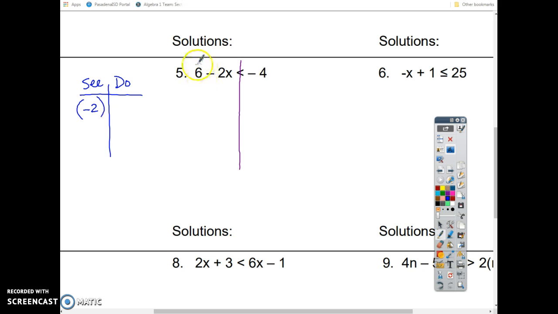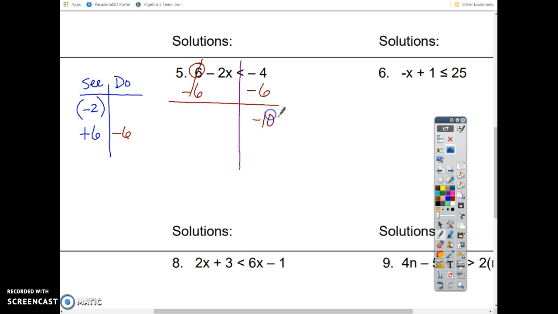And what is the 6 doing by itself? What is the 6 doing? Adding. Okay, the 6 is being added to that -2x. So what is the first thing I'm going to do? Subtract 6 from both sides to get rid of it. Because it's a positive, I have to subtract both sides by 6. What is -4 minus 6?